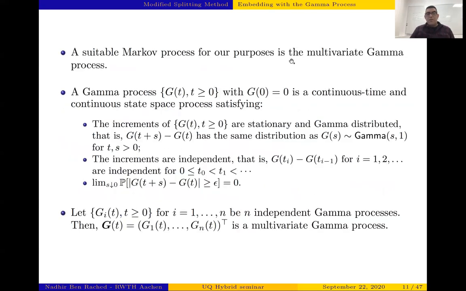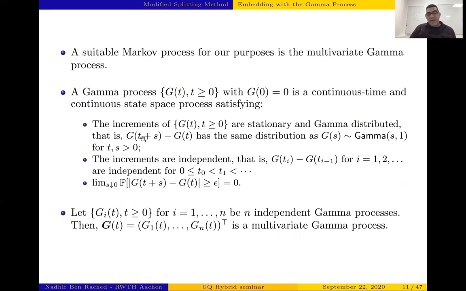A suitable Markov process for our purpose is the multivariate gamma process. Let me recall what a gamma process is. It is a process that is equal to 0 at time 0. It is a continuous time and continuous state space process. And it satisfies, first, that the increments are stationary and gamma distributed.